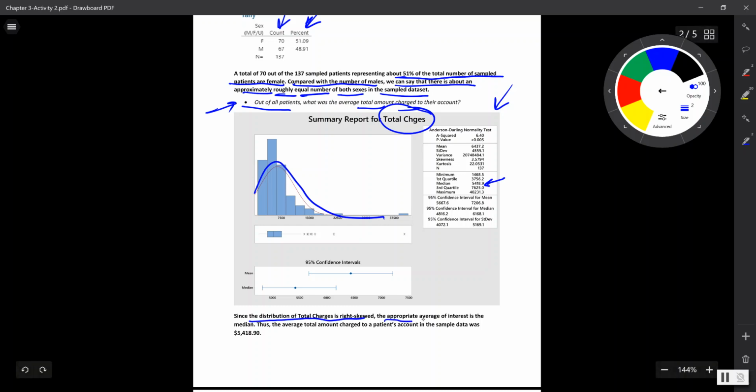So the appropriate average of interest, or the appropriate typical total charge, is $5,418.90.